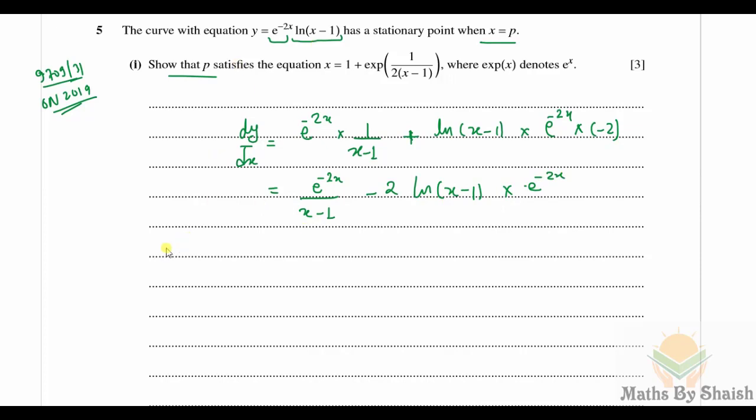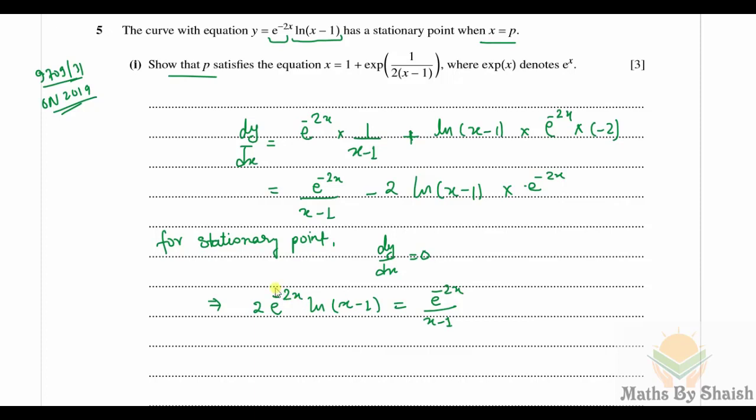So for stationary point, dy over dx is equal to 0. It means this will be 0, so I'll take this thing to the other side, and I'll get 2 times e raised to the power minus 2x into ln x minus 1 is equal to e raised to the power minus 2x over x minus 1.